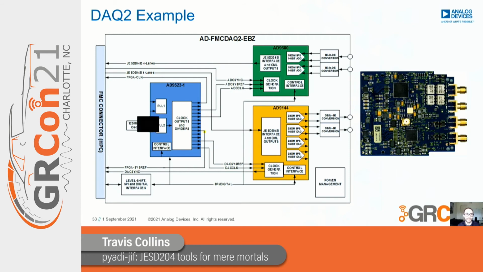What we need to do is take the VCXO, which is at 125 megahertz, feed that into PLL2, determine the PLL2 configuration, then feed that to the output dividers, and that gets fed as the ADC clock, as the ADC reference, as the FPGA clock, and the FPGA sysref as well. And we need to make sure that these, since we're primarily looking at the RX side here, are reflective of the sample rate that we want to run at.